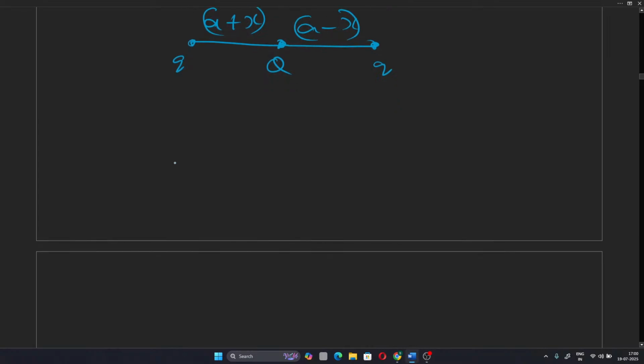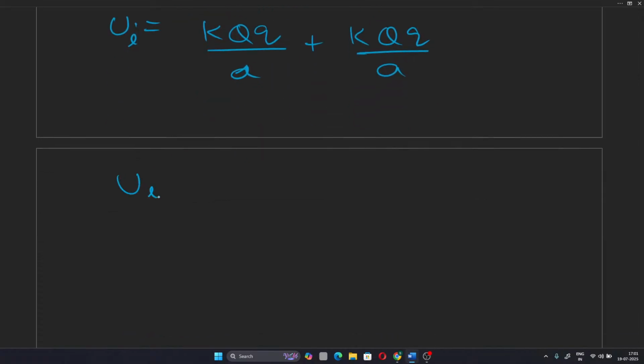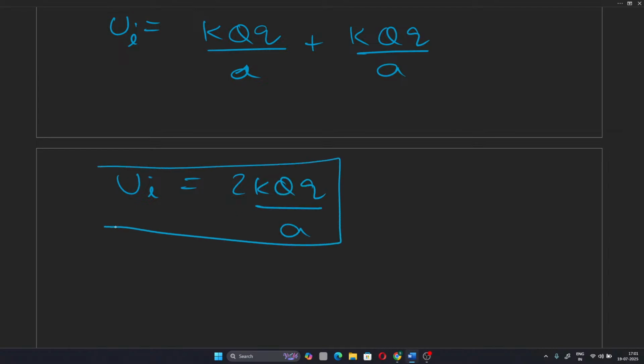The potential energy formula is k times the sum of all individual potential energies. This is the initial potential energy: kQq by a plus kQq by a, so U initial equals 2kQq by a.